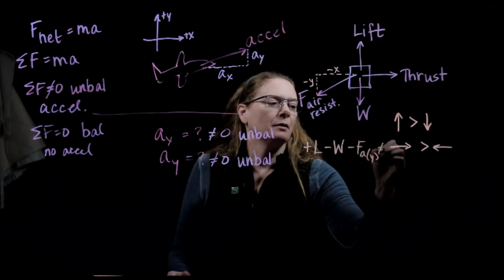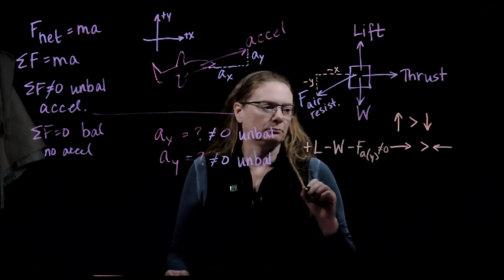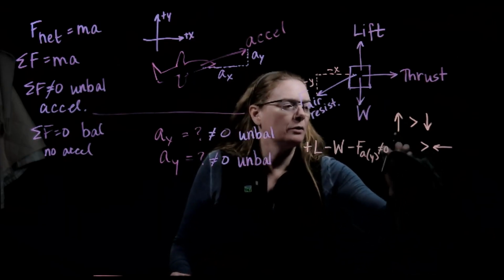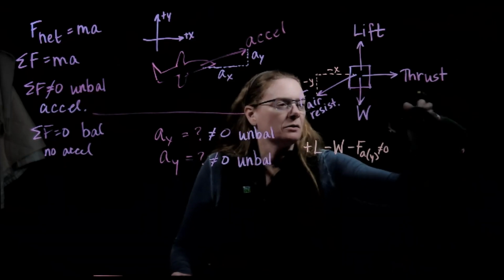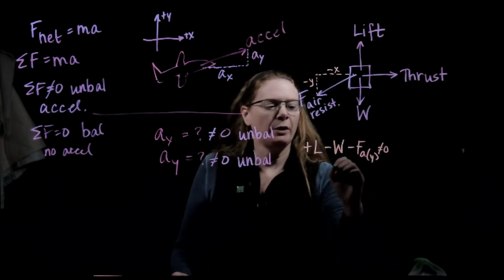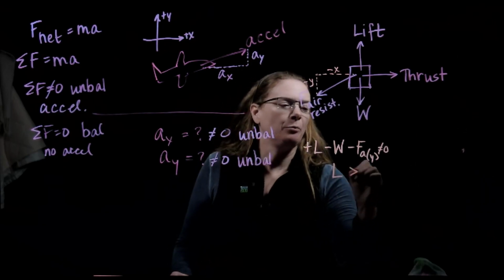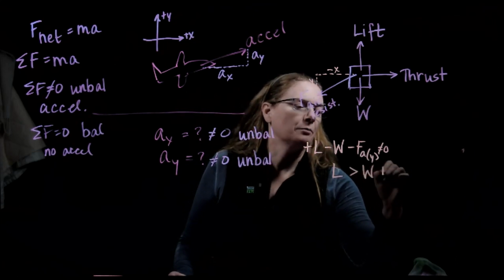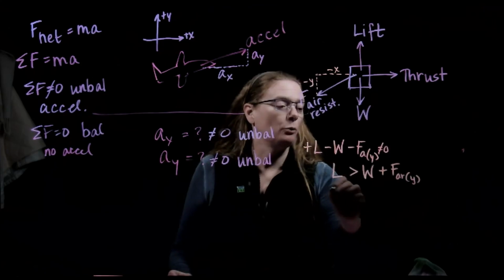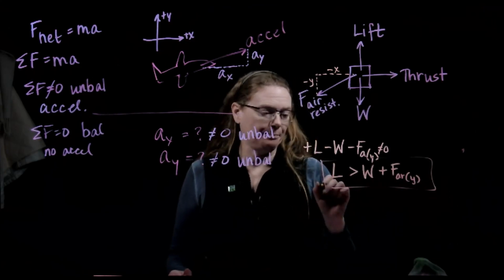Those add up to something that is not zero. So in order to accelerate upward, the lift must be bigger than weight plus the y component of the force of air resistance. So I would know that information.